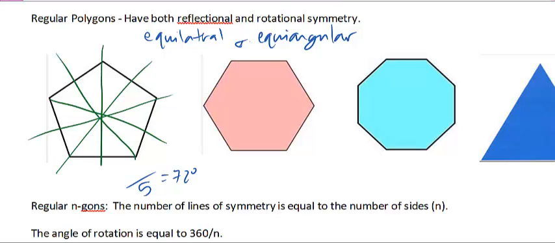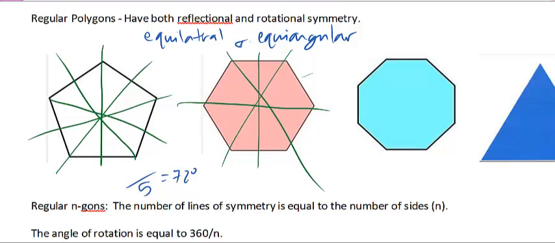Same thing here with my hexagon, right? I have these different lines of symmetry. I can also draw them through the midpoints of the sides, and I'm doing a pretty rough job here of drawing these lines, but I also, again, notice that I could be rotating.